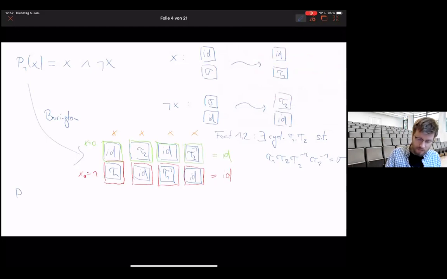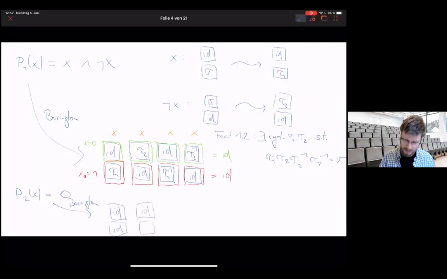And now if we look into a second circuit, which really always outputs 0, and we turn this into a branching program of length 4, then again using Barrington, this results in identity, identity, identity, identity, identity, identity, identity, and identity.